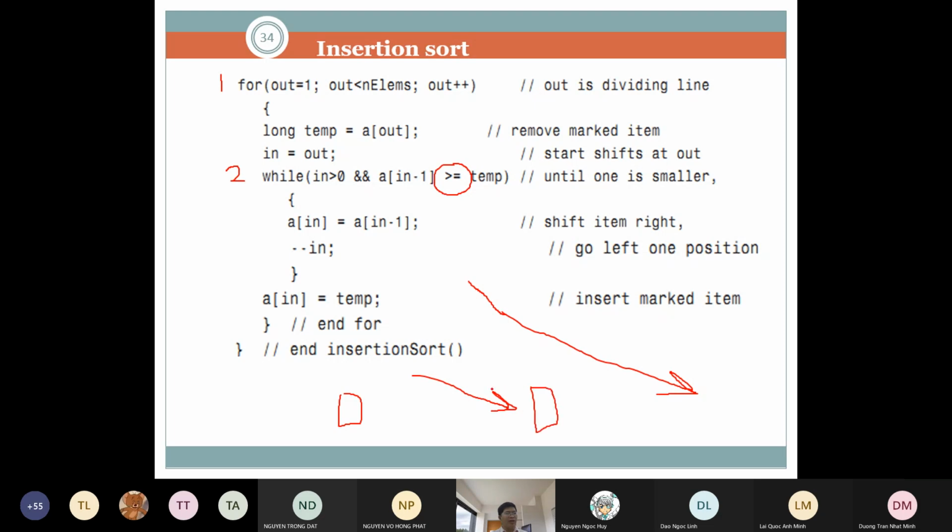If this number is smaller than my number, I copy it here. It's smaller, copy it here, until I find some element that is bigger than my number. I know that I should stop and insert it here. So that's it. Luận and Thông, thank you. Everyone else, do you agree?